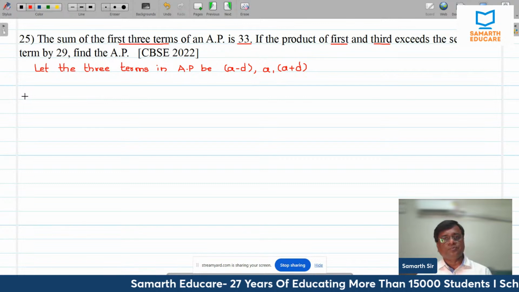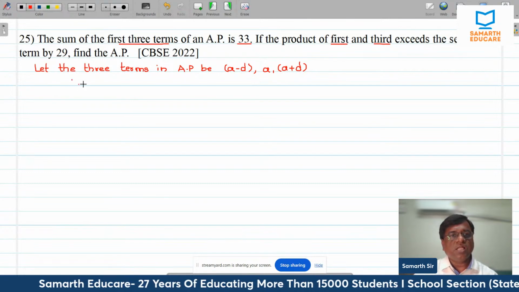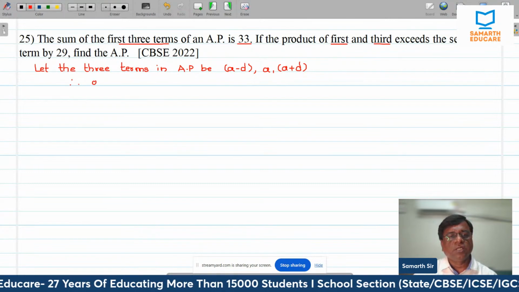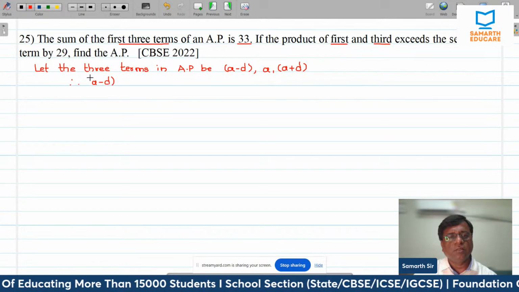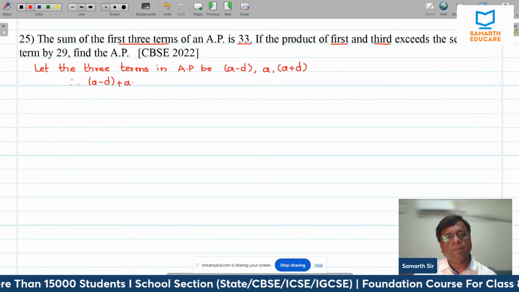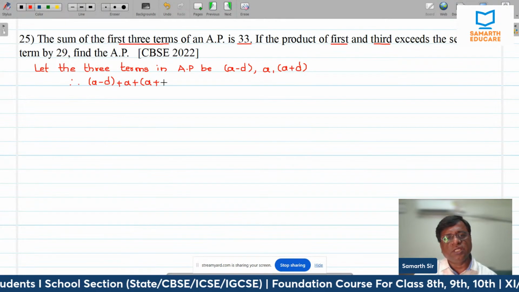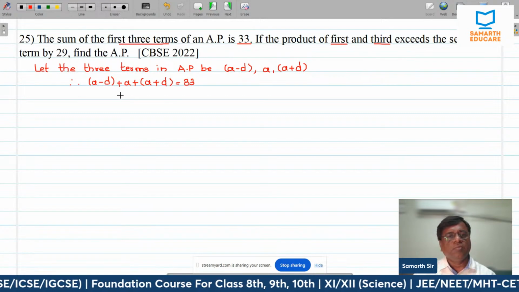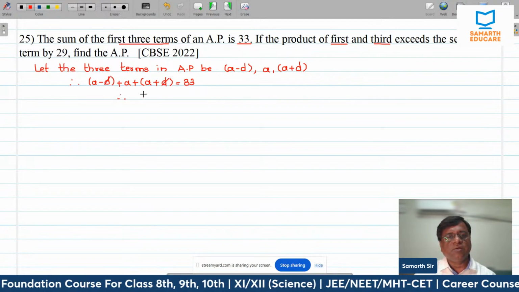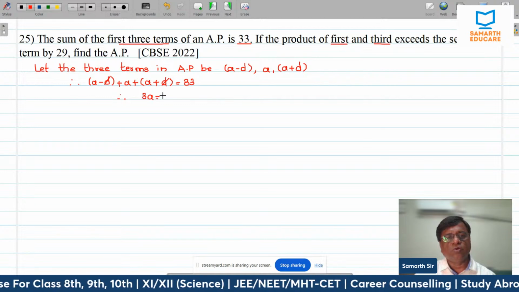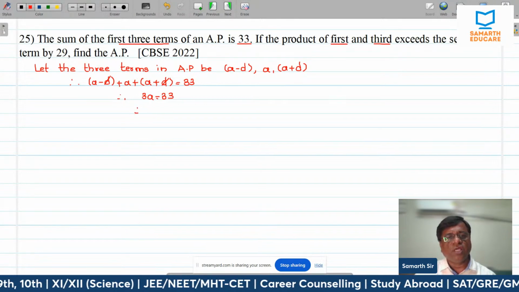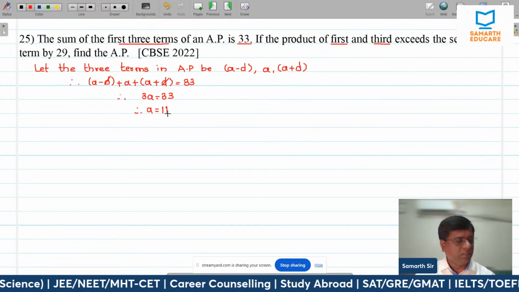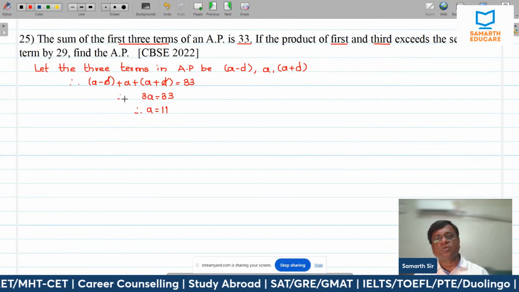Okay, now he says that sum of first three terms, that is a minus d plus a plus a plus d, these are sum of first three terms, is equal to 33. That means d and d gets cancelled. I have 3a is equal to 33 and the value of a is 11. Ye ho gaya first part, first term aa gaya.